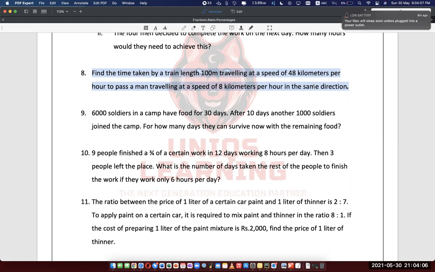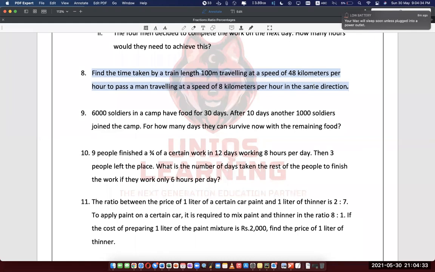So you take it to the other side, and you have 40t is equal to 0.1. So t is equal to 0.1 over 40 hours. This is in hours, so let's turn the answer into seconds. That is 0.1 over 40 multiplied by 60 minutes into 60 seconds.